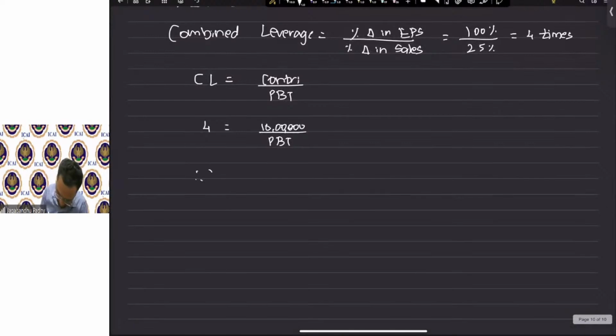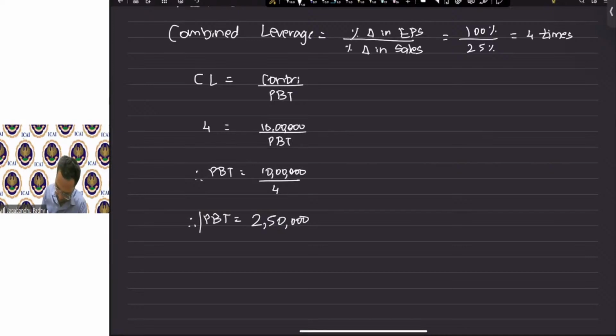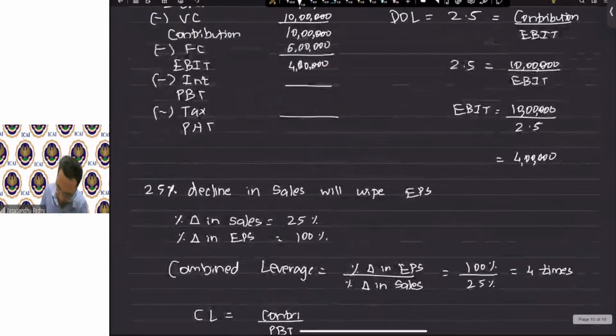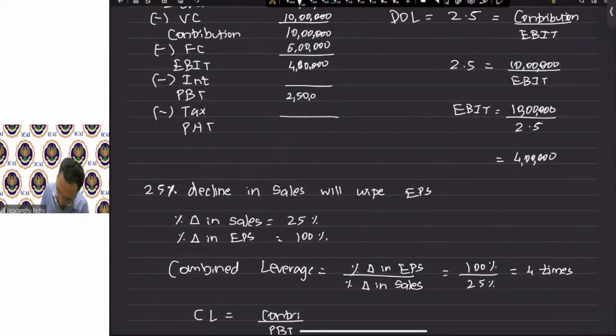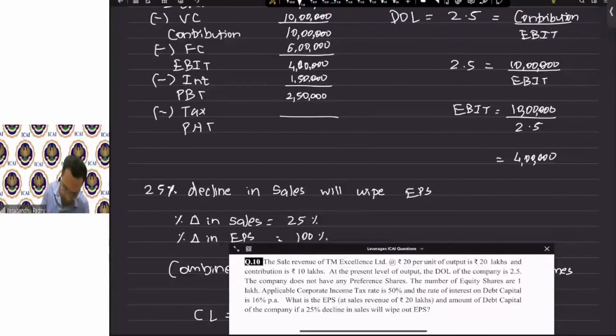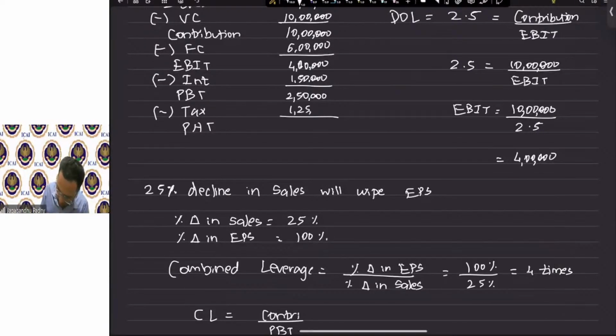So profit before tax can be simply computed as 10 lakh divided by 4. Therefore, profit before tax is 2 lakh 50,000. So as a balancing figure, interest will be 1 lakh 50,000, right? And the tax rate given is 50%, which is 1 lakh 25,000, and PAT is 1 lakh 25,000.